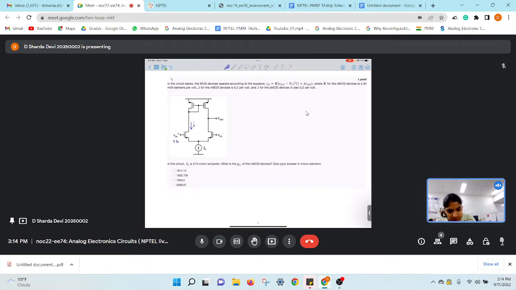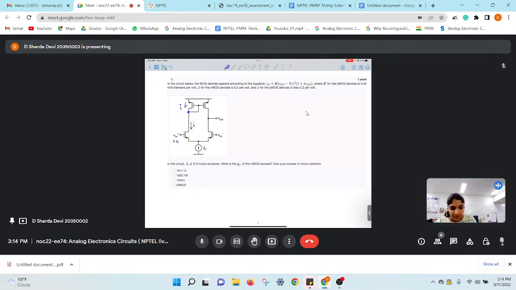When there is an increase in this transistor's current, since this transistor is in series, here also you'll see an increase of current by i amount. Since the current is increasing, the voltage at this node will change.